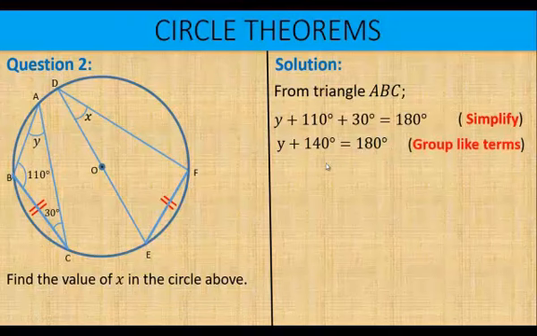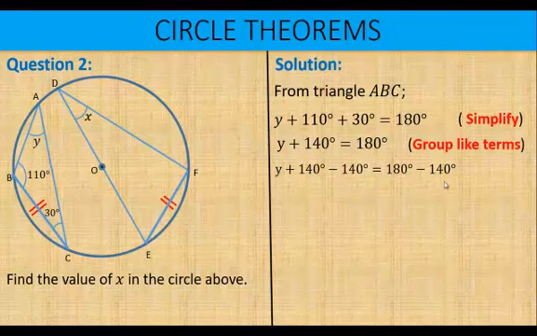Then we have to group like terms. In grouping like terms, since we want 140 degrees to be at the right hand side, we must subtract 140 from both sides of the equation. And that is what you see on the screen.